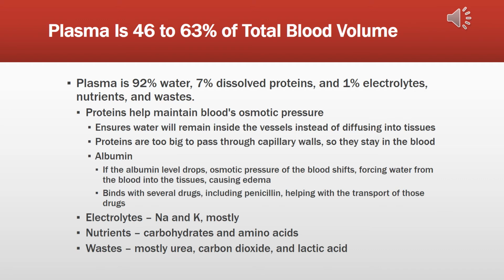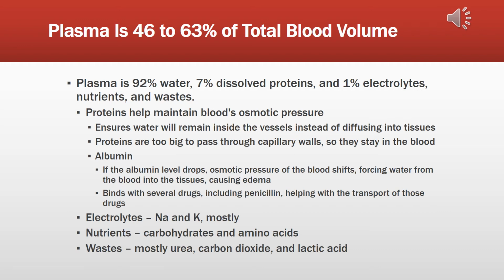And this is because proteins are simply too big to pass through the capillary walls, so they stay in the blood. And the main protein found in the blood is albumin, which is actually the protein responsible for the white pigment of an egg yolk.